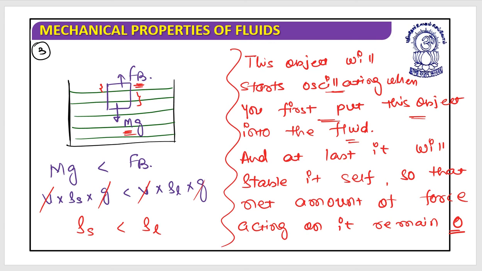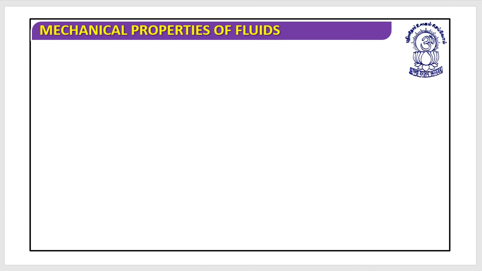And this is the situation when we say that the object will float. I hope this is clear. So when density of liquid is greater than density of solid, I can say that my object is going to float. Please do understand this.